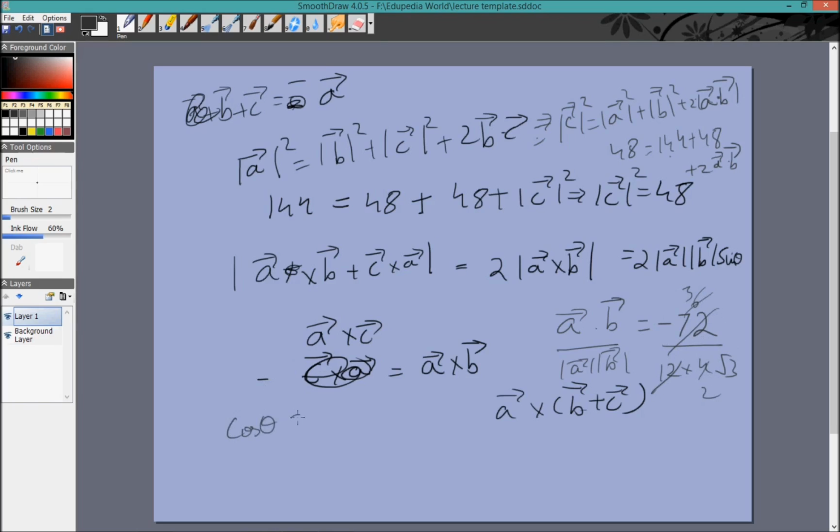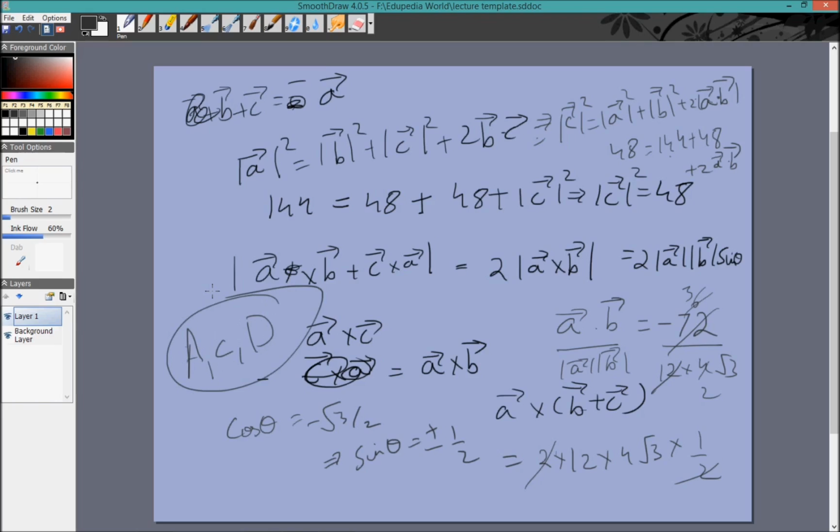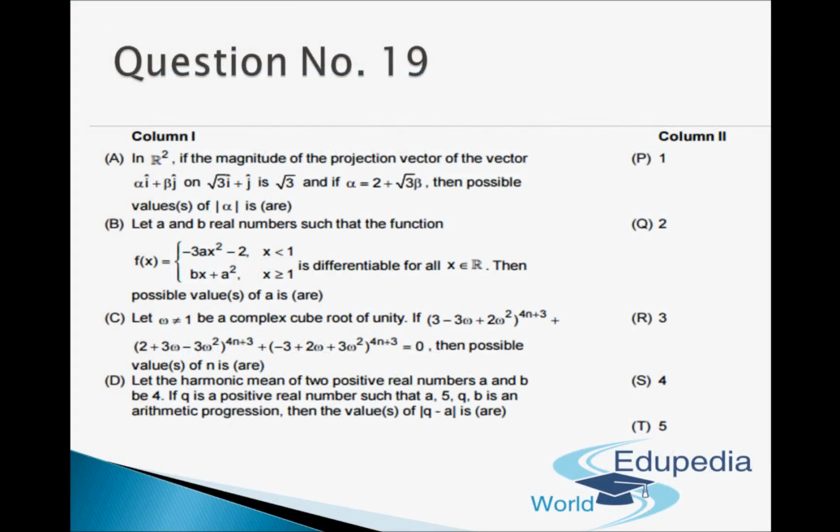So cos theta, the angle between them, is minus root 3 by 2, which means sin theta is plus minus 1 by 2, which means 2A cross B is 2 into 12 into 4 root 3 into plus minus 1 by 2. That doesn't matter. So that is 48 root 3. Right. So B option is wrong. All other three are correct. So the answer is A, C and D. Now we have to match the columns left. So let's look at them.